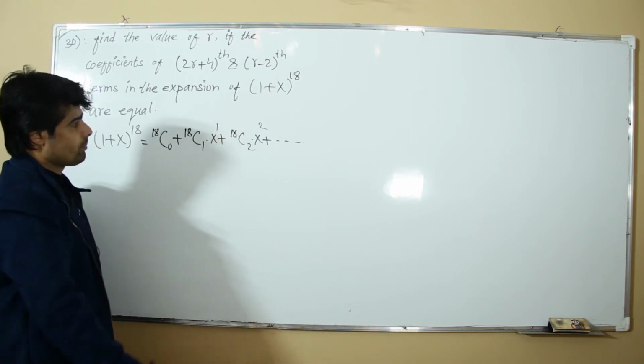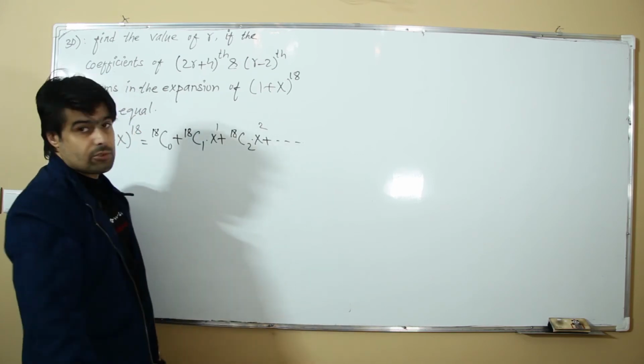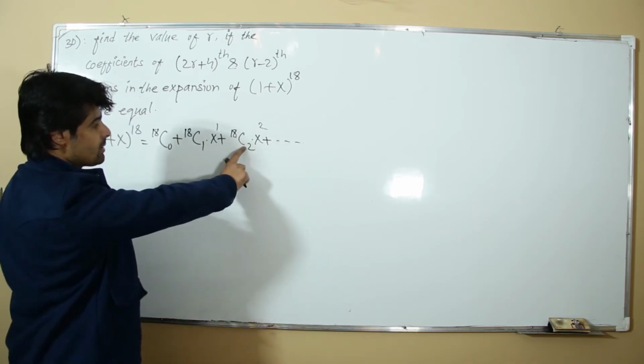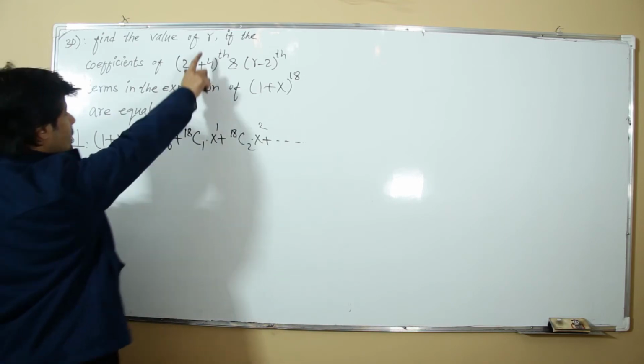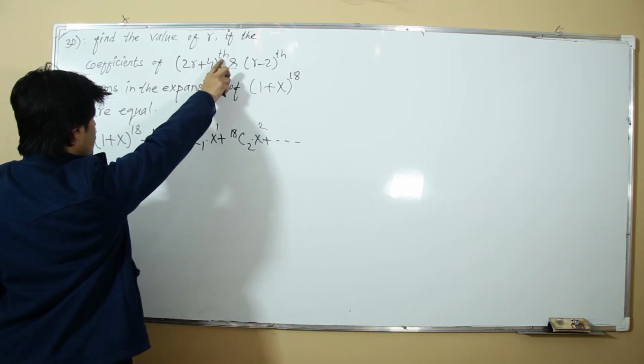If we want to talk about the coefficient of x cube, it is 18c3. If we want to talk about a coefficient of x to the power 10, it is 18c10. Am I right? Yes.